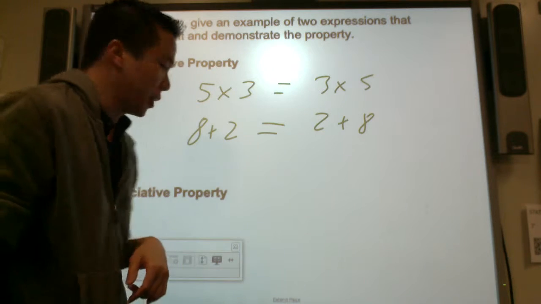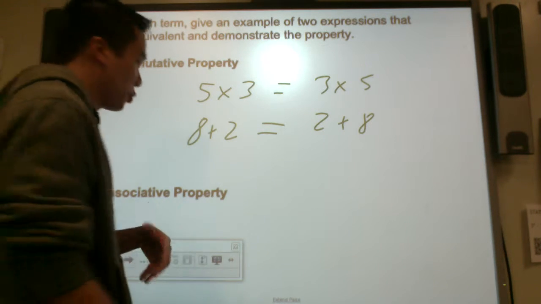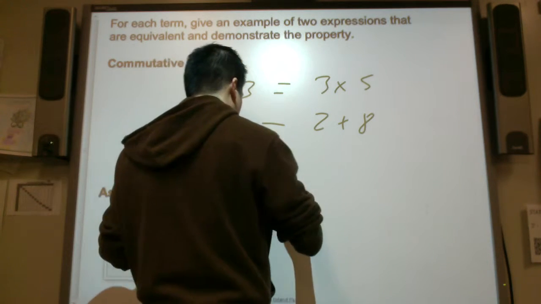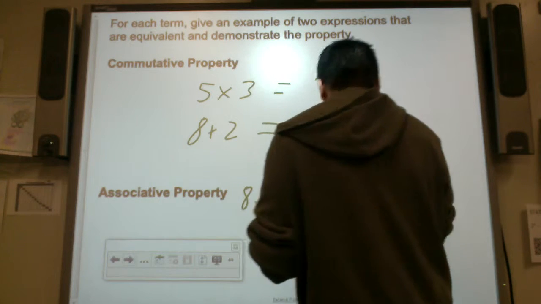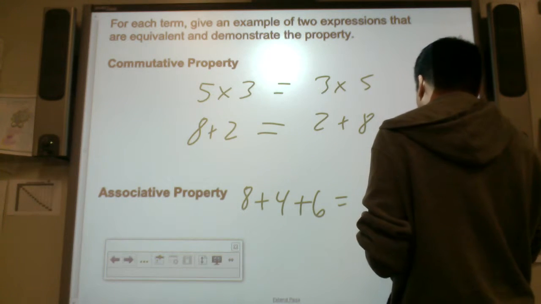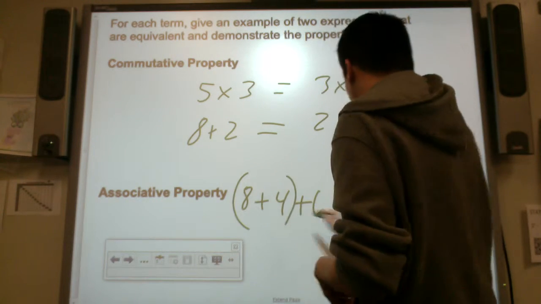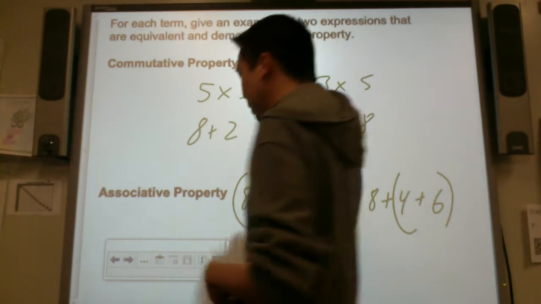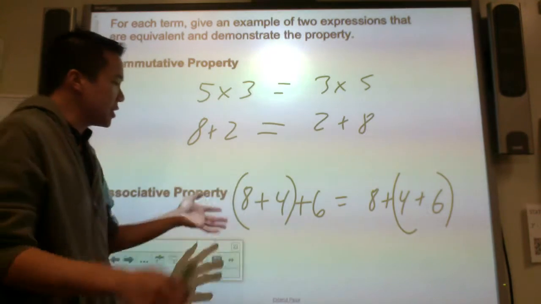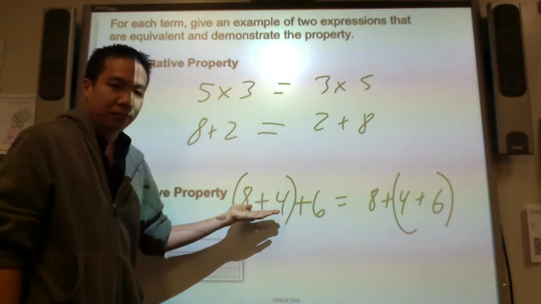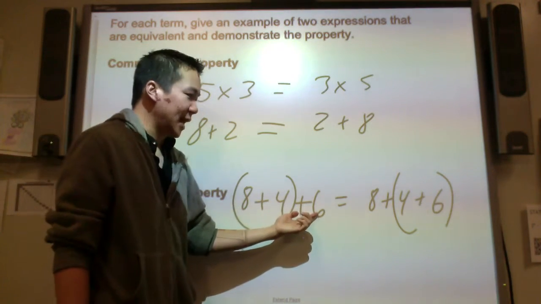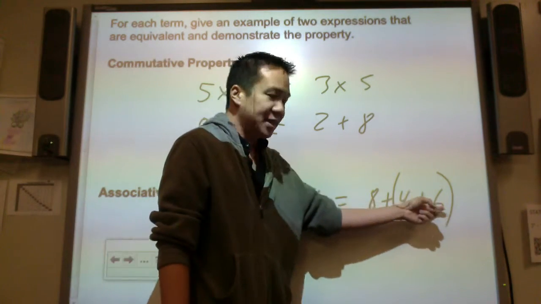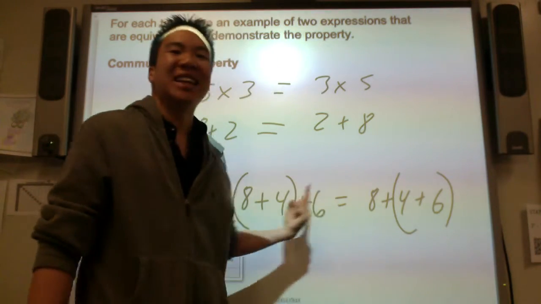That's commutative property. Associative property is when you have three terms, like 8 plus 4 plus 6 equals 8 plus 4 plus 6. But if you add parentheses, 8 plus 4 is 12, plus 6 is 18. 8 plus 10 is 18, so they're both equivalent.